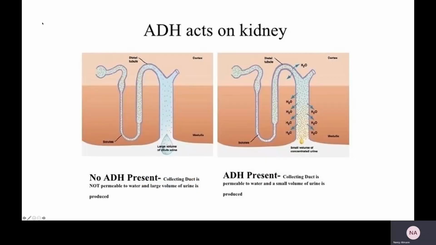So if there is no ADH present, the collecting duct will not be permeable to water, and you will have a large volume of urine. When you have ADH available and working, the collecting duct becomes permeable to water, and you will have a smaller volume of more concentrated urine.